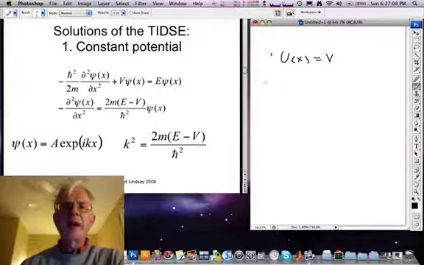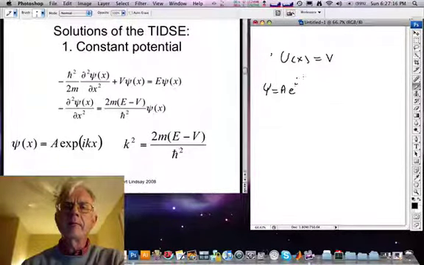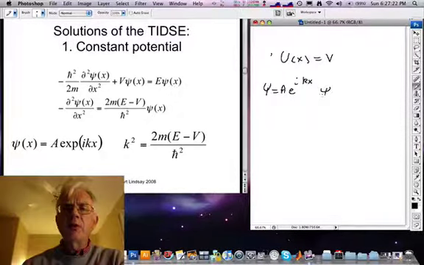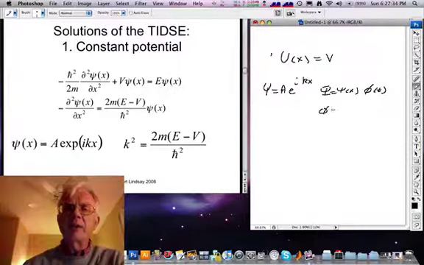Equations of this sort are solved by exponentials. Remember that we're solving for the spatial part. The full wave function, of course, is the product of this spatial part with the time part that we found in general for all time-independent Schrödinger equations to be equal to e to the minus i E over h bar t.